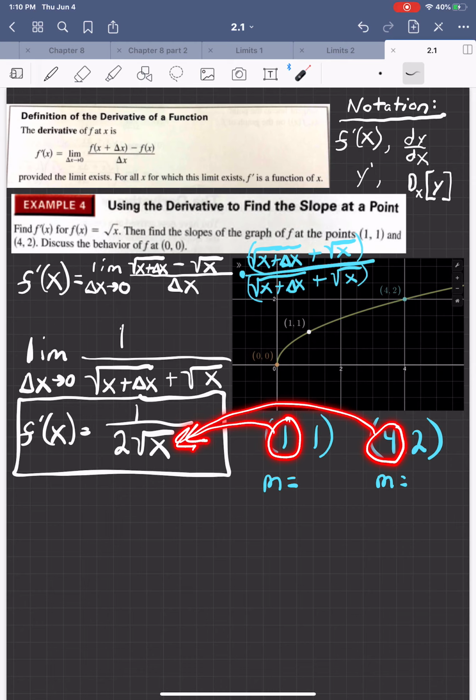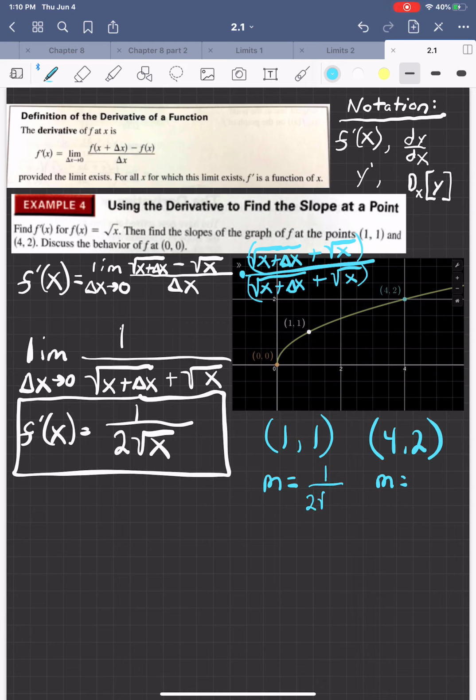As of right now, this derivative is explicitly defined as a function of x. So let's go ahead and plug in a 1. We would have 1 over 2 times the square root of 1, and this would be 1 over 2 times the square root of 4.